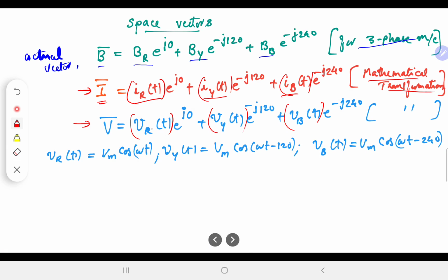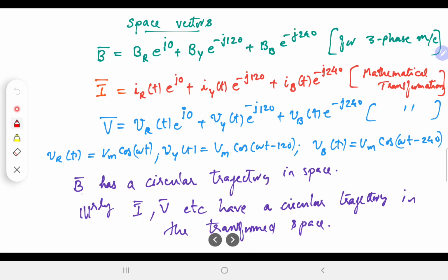So in this case, VR is Vm cos omega t, Vy is Vm cos(omega t minus 120), Vb is Vm cos(omega t minus 240), and they are shifted in space by this transformation: e to the power j0, which is essentially cos 0 plus j sin 0, then e to the power minus j120, which is cos 120 minus j sin 120, etc. That is a space shifting transformation. So together it generates one single vector.